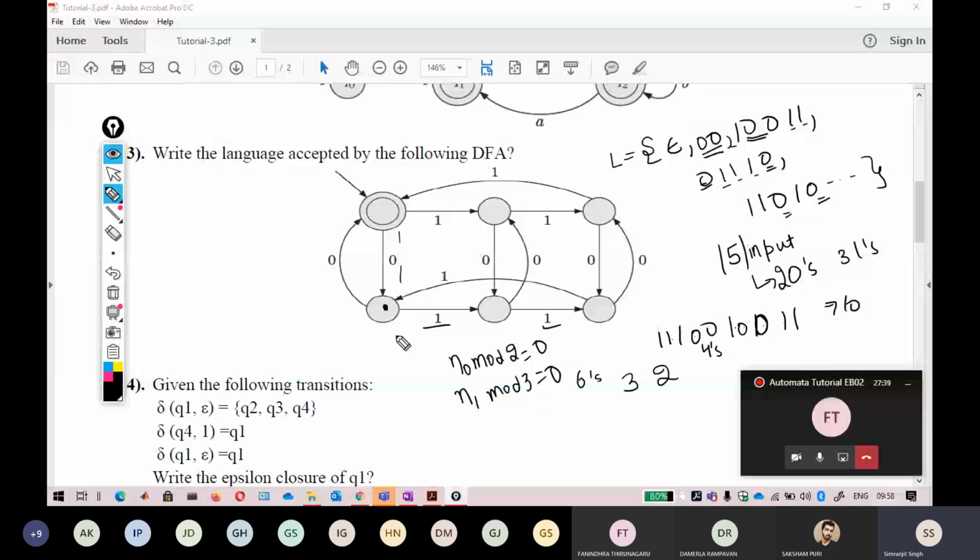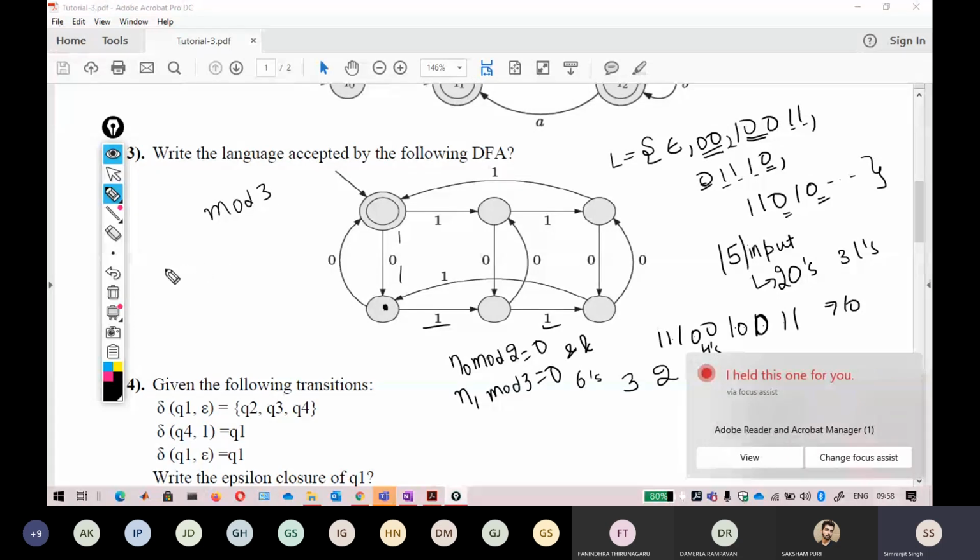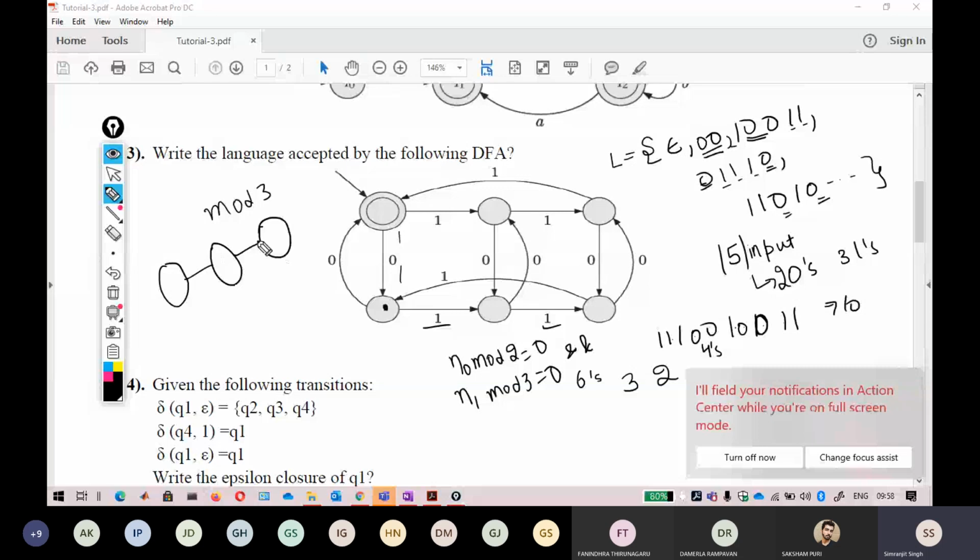So this is a mod question, and 'and' is the keyword here. We have done this kind of question, where something comes back. If you draw a mod 3 counter, which you have seen in digital also, you draw 1 2 3 states, and from the third state it comes back.